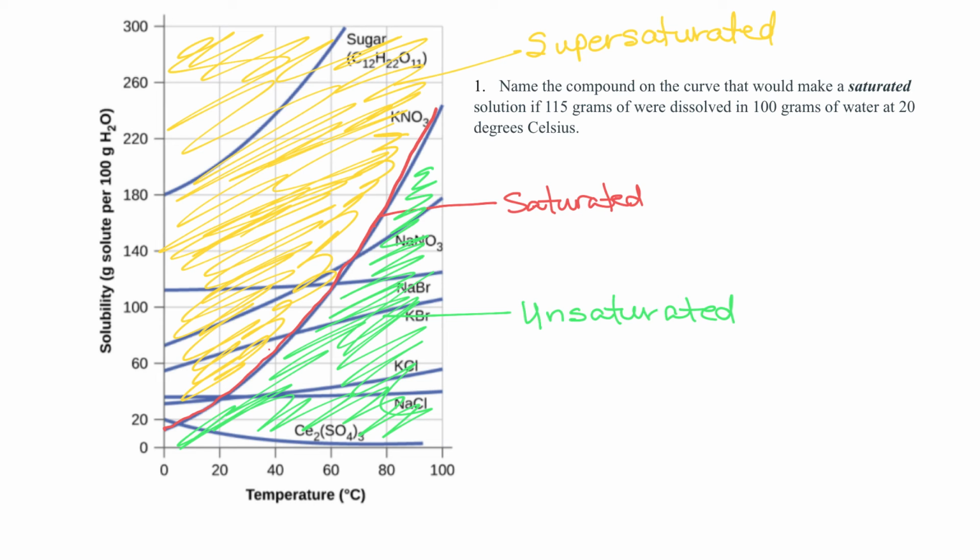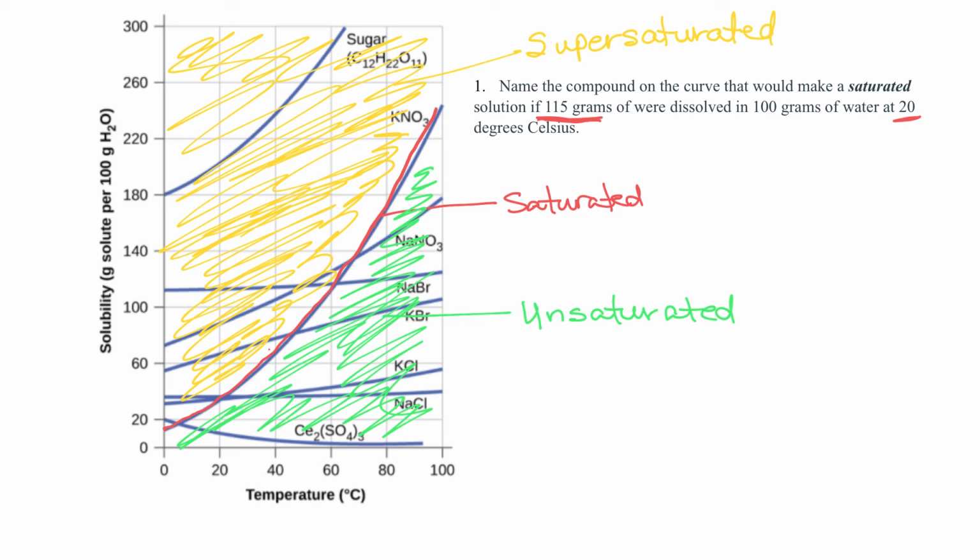Okay, so let's look at this first example. Name the compound on the curve that would make a saturated solution if 115 grams were dissolved in 100 grams of water at 20 degrees Celsius. So for this one, we're going to find 115 grams and 20 degrees Celsius, and find that point.